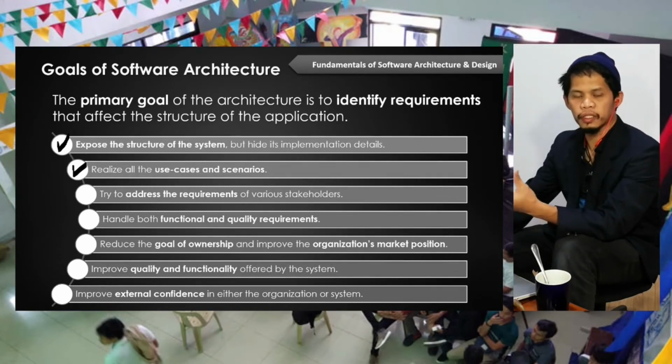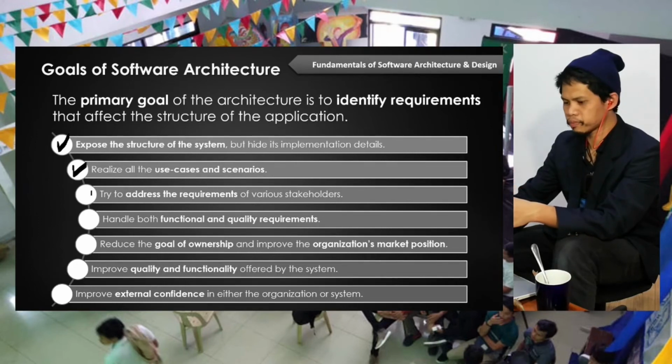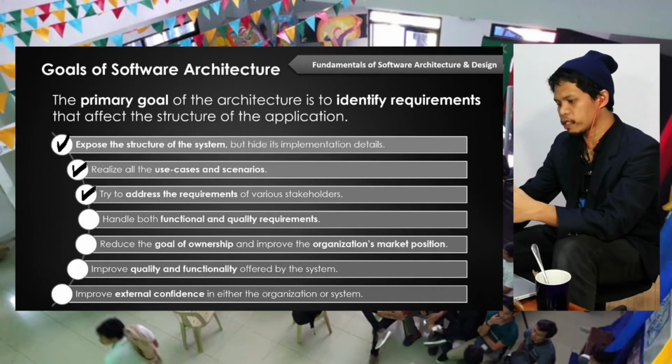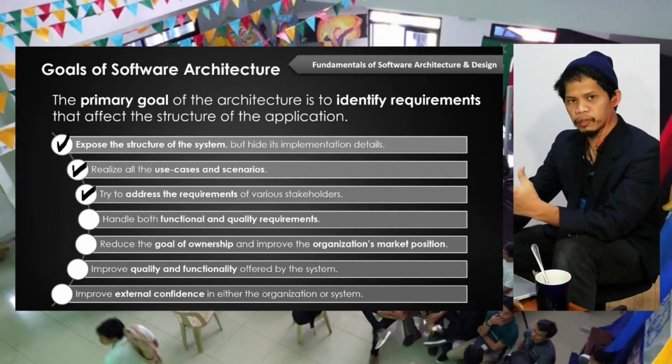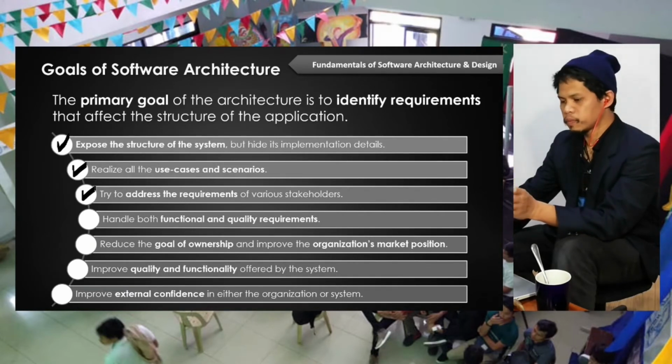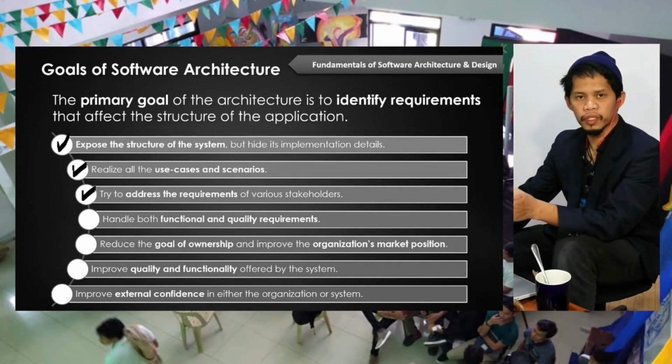This allows stakeholders and customers to realize the possibility of the product vision of the system. Next, address the requirements of various stakeholders. The architectural structure should adapt to the needs of different users of the system.